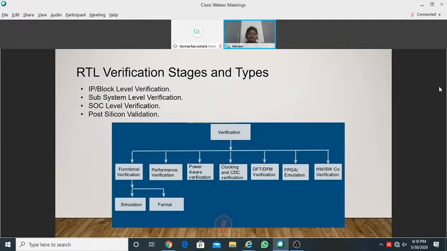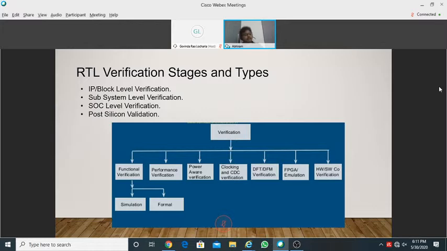If we are not verifying, and if we are not getting a particular SOC design with the corresponding power budget, then you have not designed it with power in mind, because now SOCs are using a lot of techniques for power saving. If you are not able to meet the power budget, then your SOC may not be able to pass all the quality criteria. So we have to do the power aware verification.